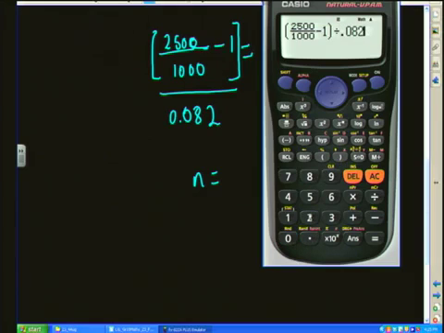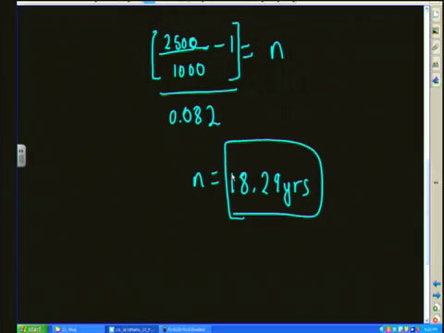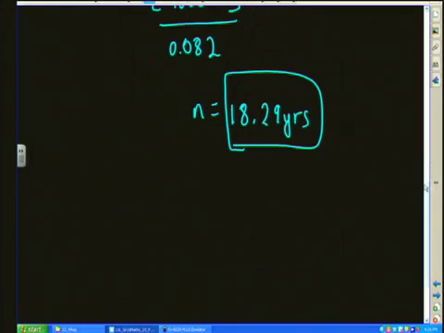As you can see, we're doing everything on the calculator. We're not rounding off at any stage, and therefore we get an answer of 18.29 years. All right. Now, guys, this is not sufficient. You can't stop here. 18.29 years can be more explicitly explained.